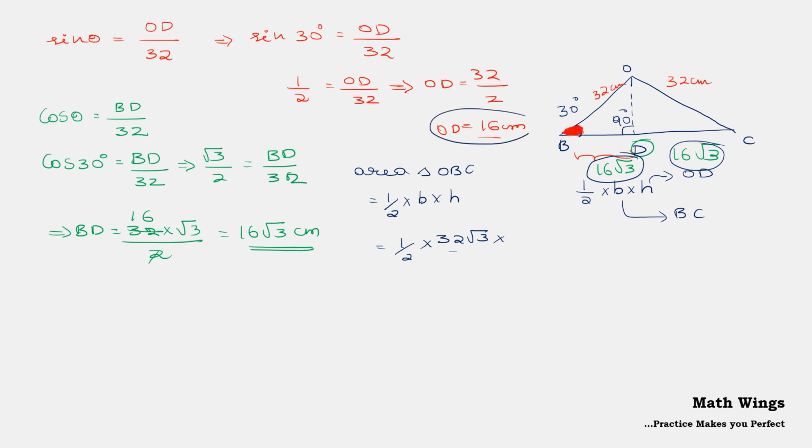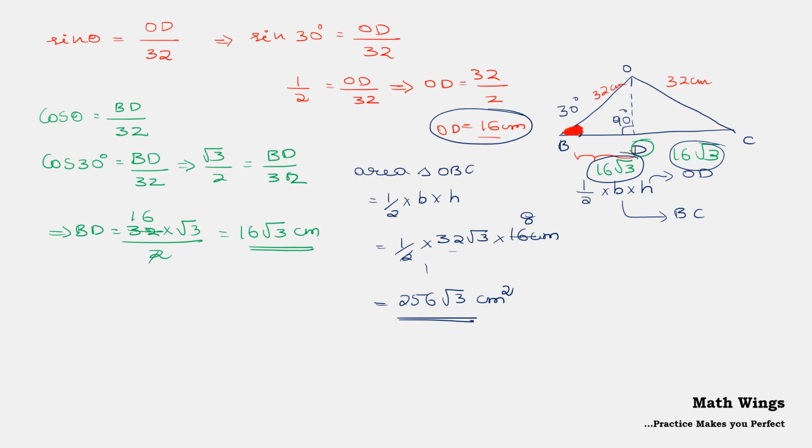So here OD we got as 16 centimeter. If we simplify this, what we'll get? 2 1s are 2, 8 2s are 16, and when we multiply we'll get 256 into root 3 centimeter square, which is the area of one triangle OBC.